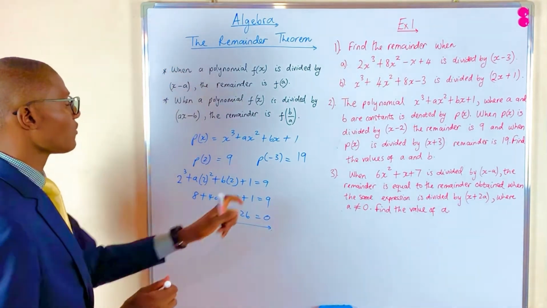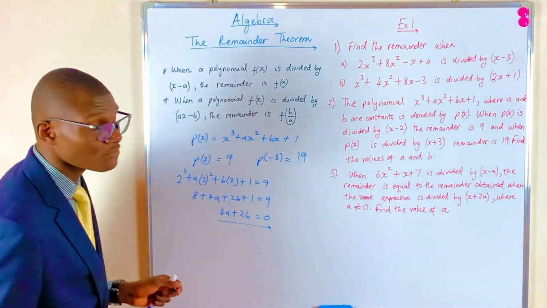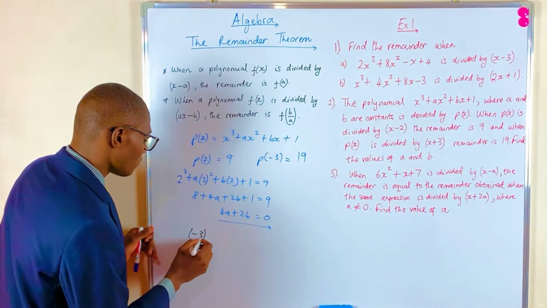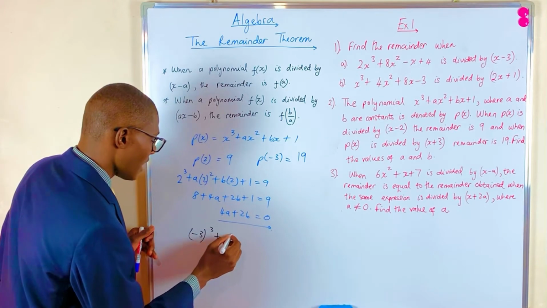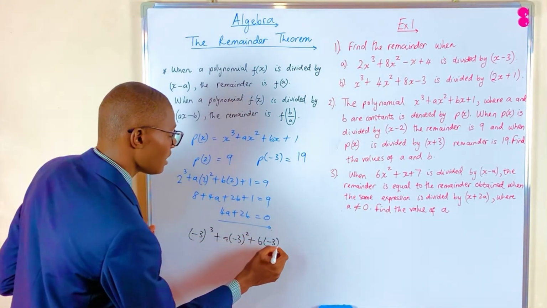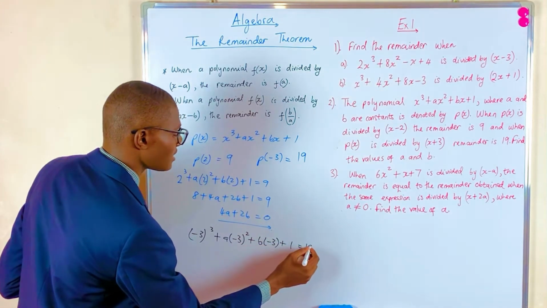And the second equation coming from this, p of minus 3 being equal to 19, we're saying minus 3 raised to the power of 3, then plus a times minus 3 squared, plus b times minus 3 plus 1 should give us 19.